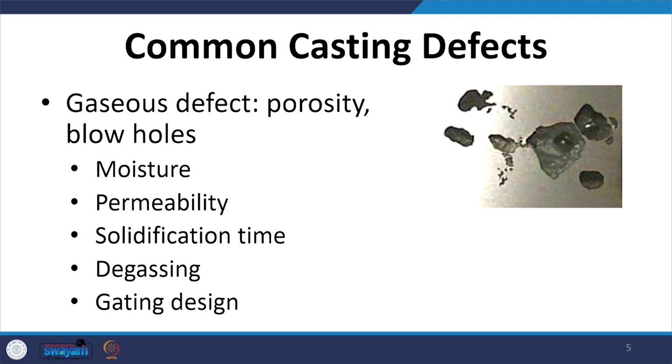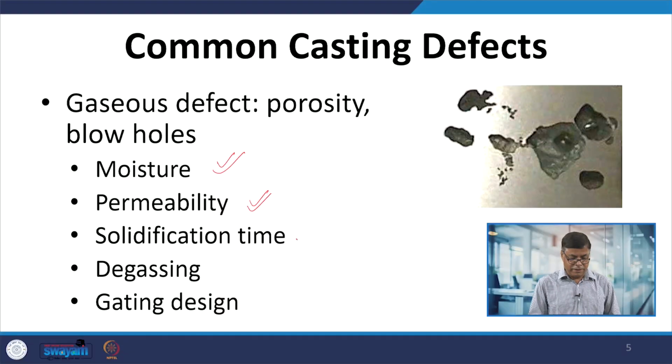So, this is about the gaseous defects, and basically optimization of the proper moisture, proper attainment of the permeability, and depending upon the case, maybe preheating may be done for having a suitable solidification time, proper degassing, and optimum gating design for ensuring the escaping of the gases.